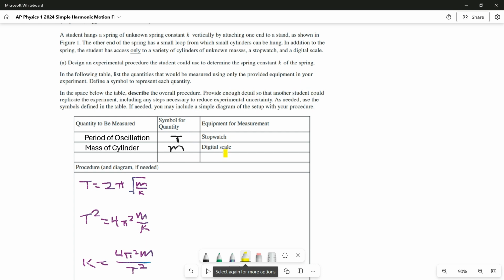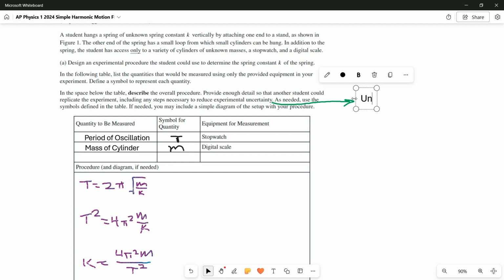So we have to explicitly state which equipment we use to measure, and also any steps to reduce the experimental uncertainty. Now remember, here's a very, very common trap that we have. Reducing uncertainty doesn't mean doing more trials.